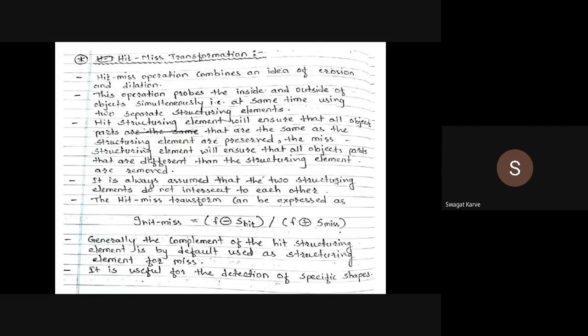Okay, so the first structuring element we call the hit structuring element. With its help we ensure that all the object parts that are the same as the structuring element are preserved, right?